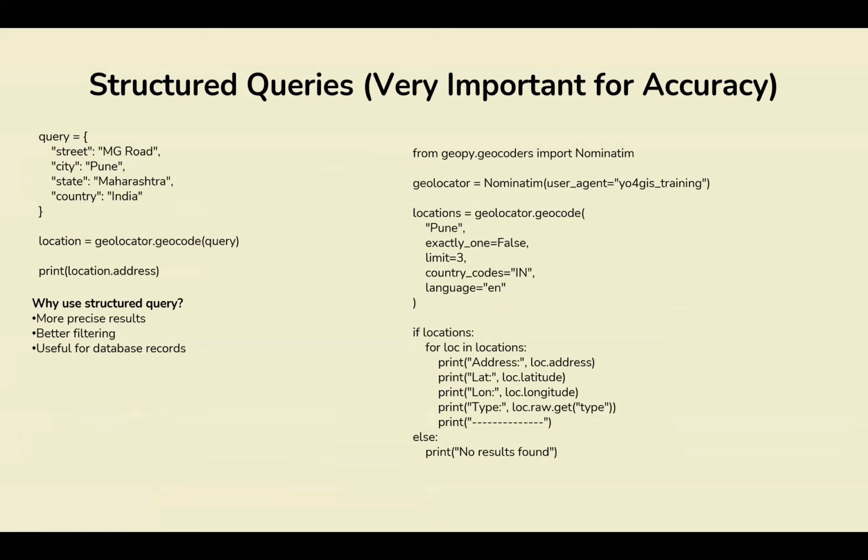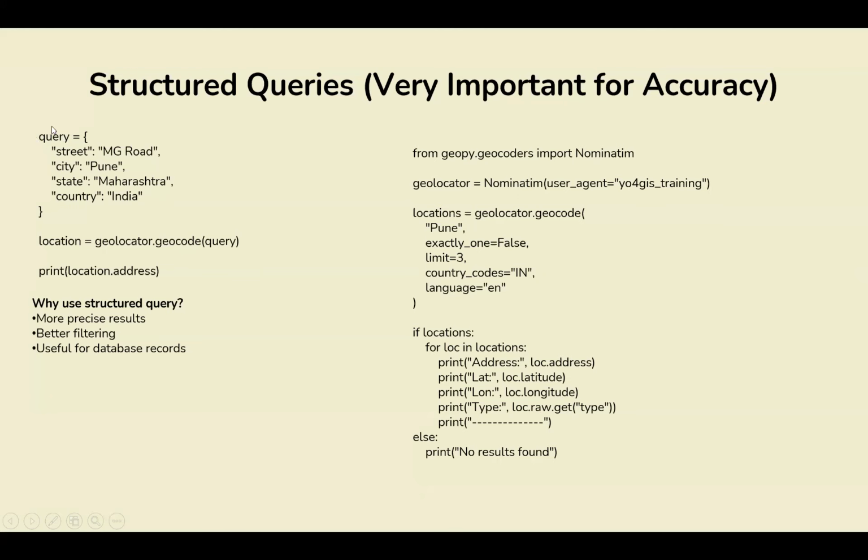Like we gave the country code, instead of finding your address in the entire world, we said that I want to find only in India. If I want a more precise result, there is one more facility we have.